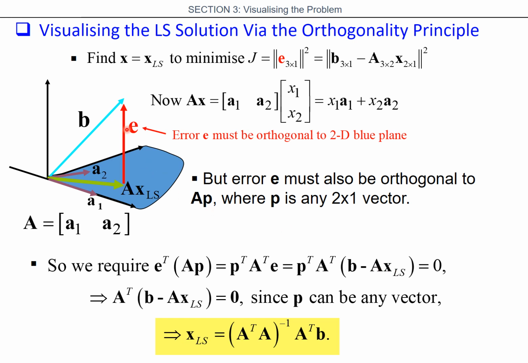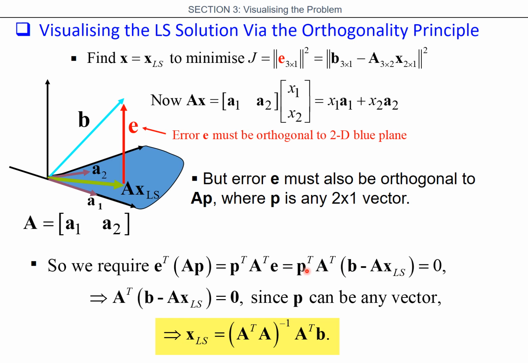Where did I get that from? Because E is equal to B, minus, going in that direction, A x_LS. And that must be equal to 0. Now here's the clever bit. A transpose (B minus A x_LS) is a fixed vector because x_LS is fixed.